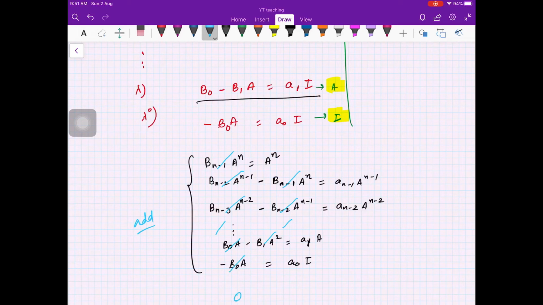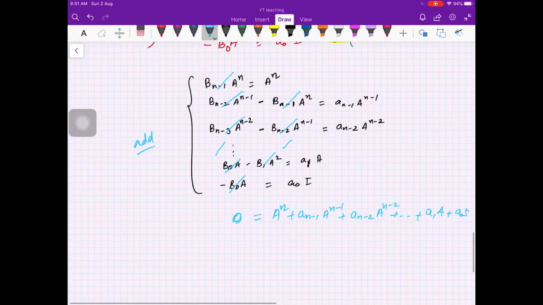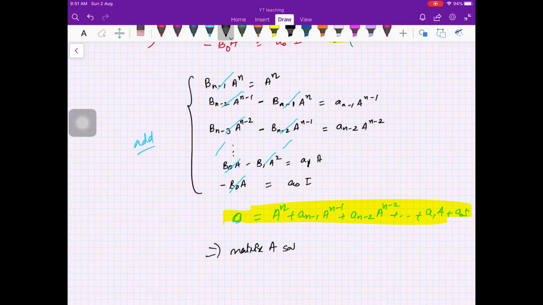So if you add, on the left hand side you will have 0, and on the right hand side you will have A raised to power n plus a_{n-1} A raised to power n minus 1 plus a_{n-2} A raised to power n minus 2, and so on, a1 A plus a naught I. So this is the result which you will get. This implies that matrix A satisfies its characteristic equation.